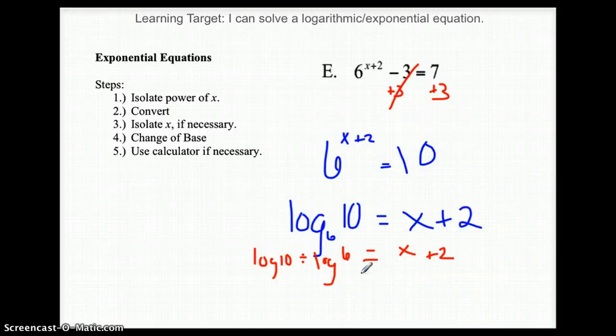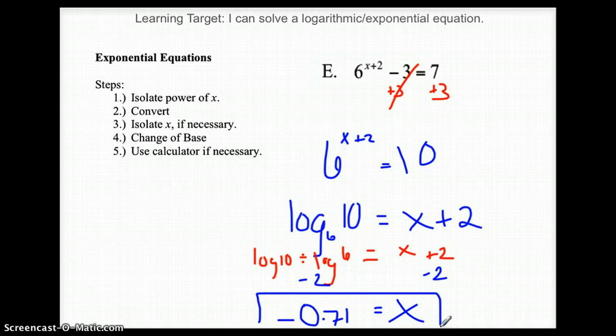Okay? To get x by itself, keep that decimal on your screen, but just in your head, know that to get x by itself, we would have to subtract 2, right? So that decimal that you should have kept on your screen, hit minus 2, and then the final x value is negative 0.71.